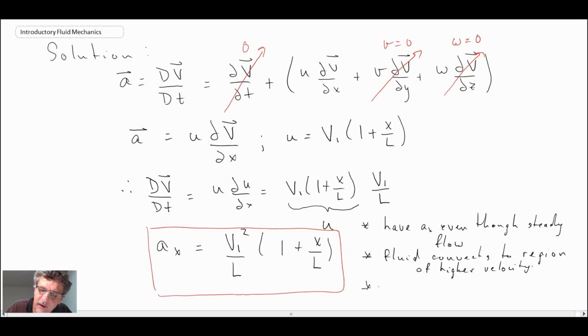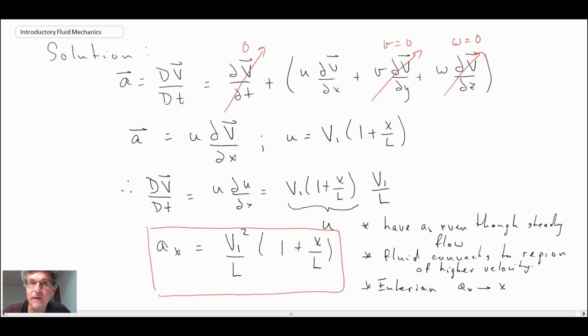This is the Eulerian expression. If you want to find the acceleration, all you do is plug in the value of x into that expression, and that gives you the acceleration at x. So that is the acceleration using the Eulerian approach.